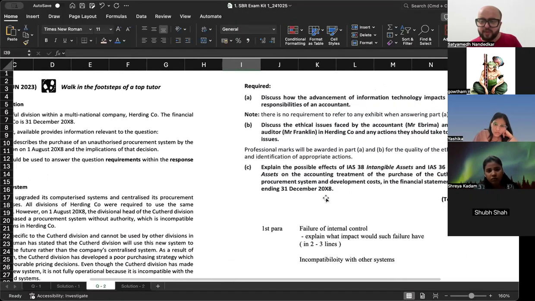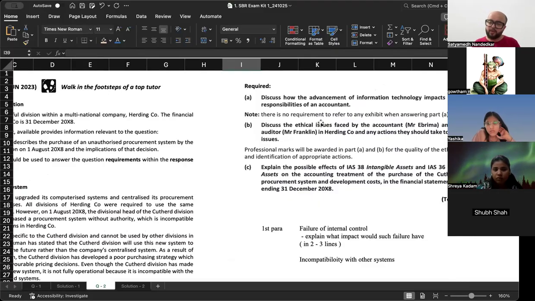Discuss how the advancement of information technology impacts the ethical responsibilities of the accountant. There is no requirement to refer to any exhibit when answering part A. Discuss the ethical issues faced by the accountant Mr. Ebrima and the internal auditor Mr. Franklin in Herding Company, and any actions they should take to address these issues. Professional marks will be awarded in part A and B for the quality of ethical discussion and identification of appropriate actions.